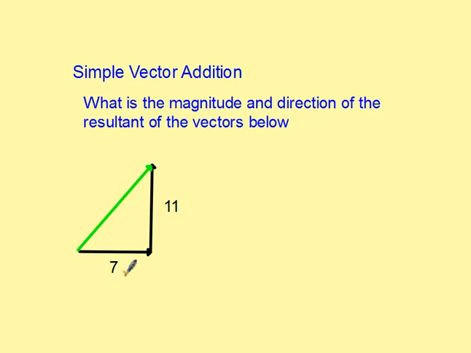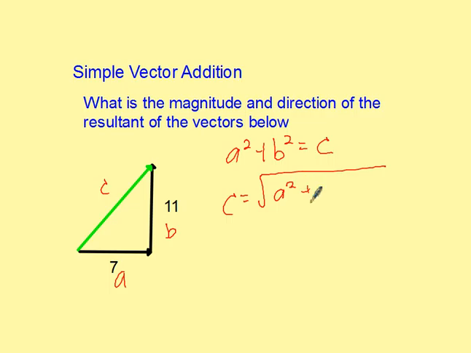If we label these A and B and C, then we can use the Pythagorean theorem, and remember that A squared plus B squared equals C squared. Or if we rearrange this, C is going to equal the square root of A squared plus B squared.